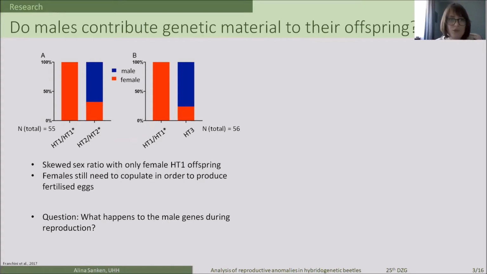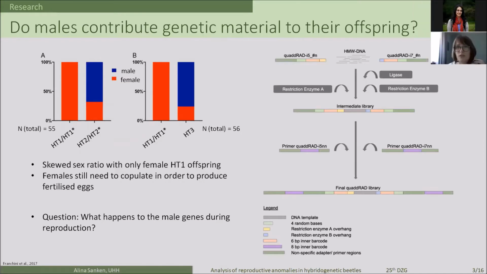That question I'm trying to answer using a protocol called Quadrat, which is a modified ddRAD protocol by Francini and co-workers from 2017. I won't go into too much detail here, but the main gist is that your genomic DNA is digested using two restriction enzymes, one a frequent cutter and the other a rare cutter.